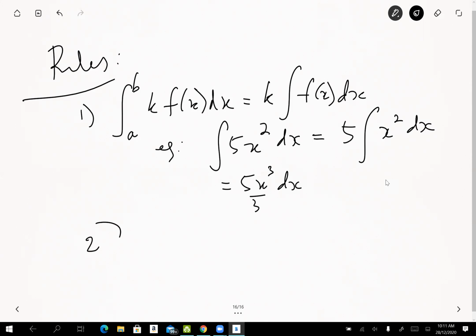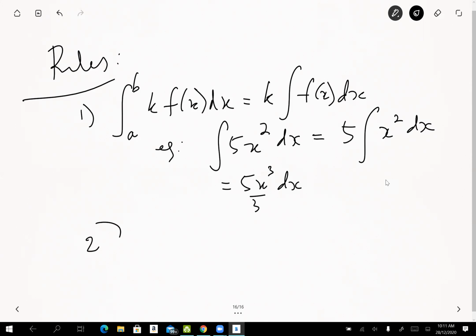It can go either way. The integral of the sum is equal to the sum of the integrals. So what we do is integrate the terms individually.